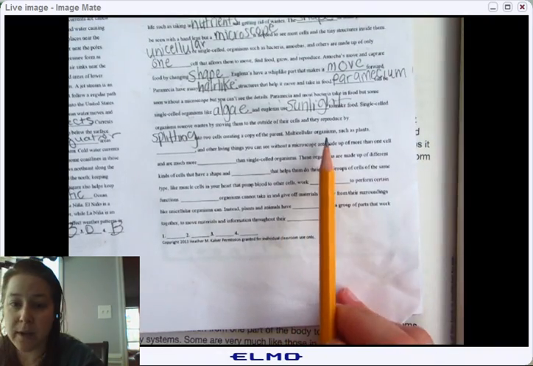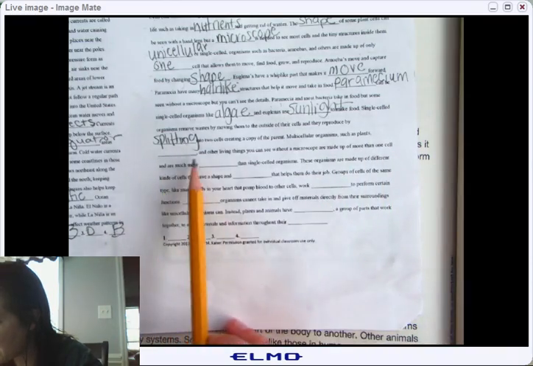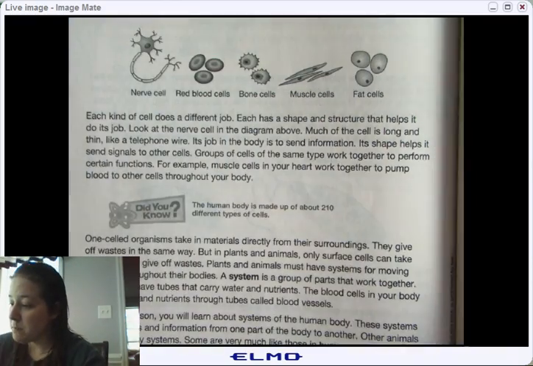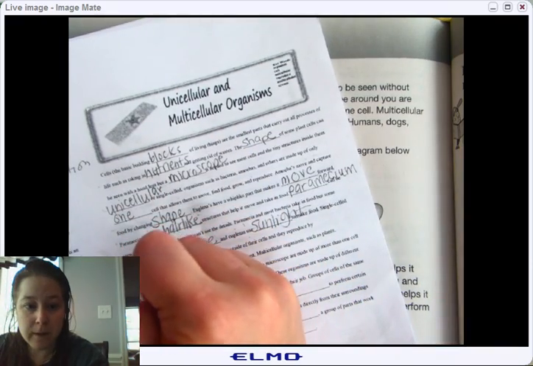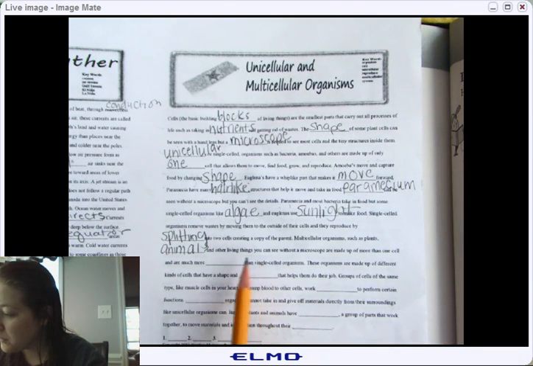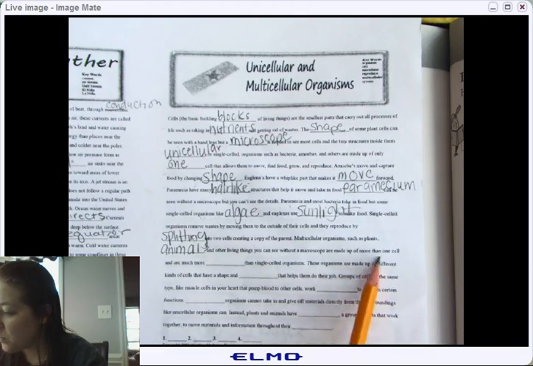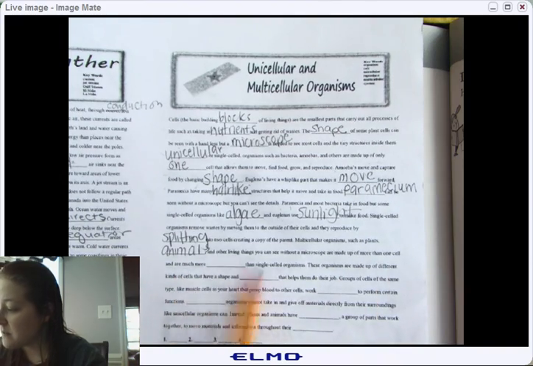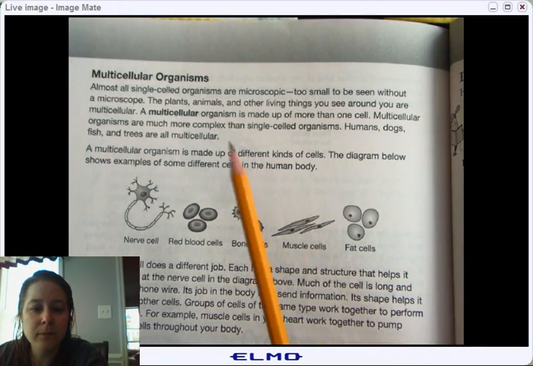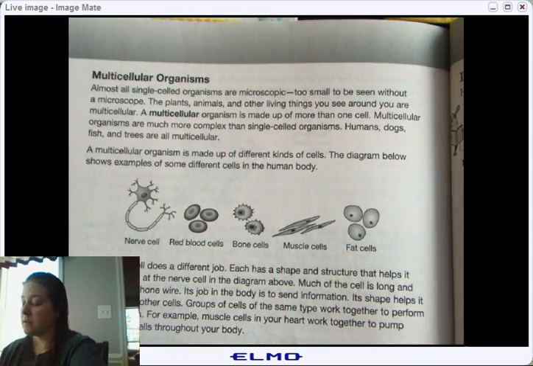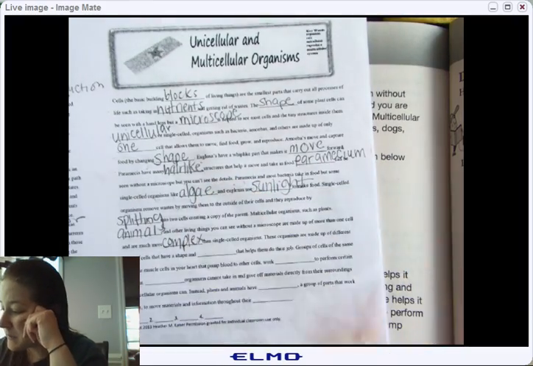So, multicellular organisms such as plants and animals, and other living things you can see without a microscope, are made up of more than one cell and are much more complex than single-celled organisms.